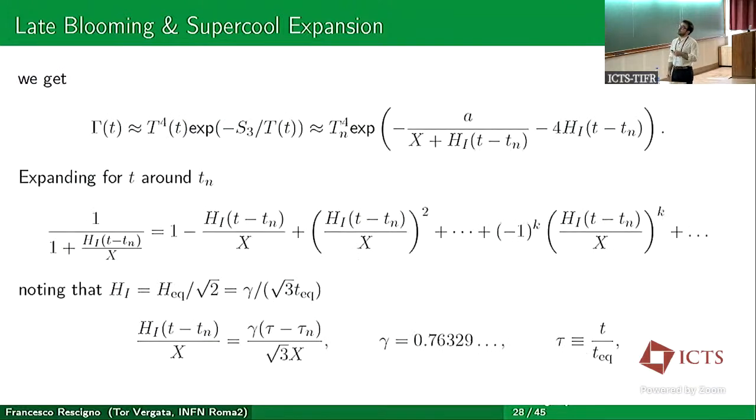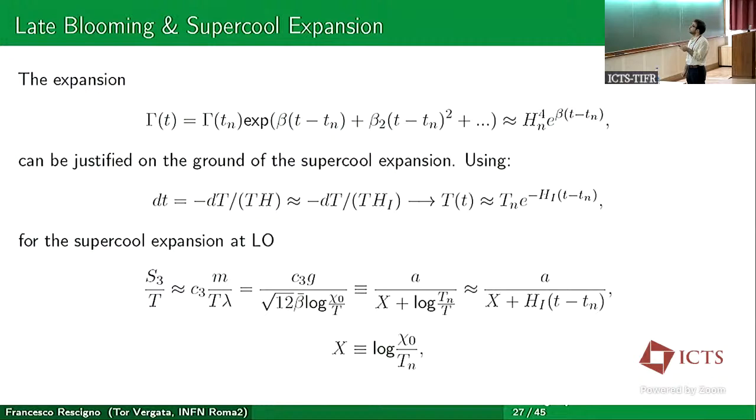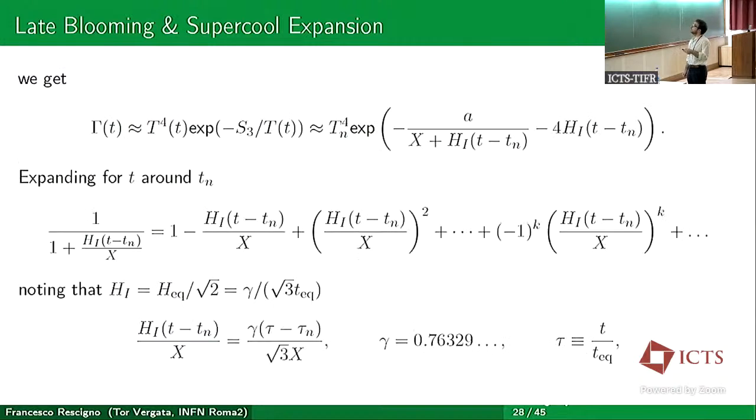Now we can just plug everything into the vacuum decay rate and expand this fraction for T around Tn, obtaining this expansion here. Now this constant term, this linear order term in T minus Tn, and this other one too, reproduce this expression here, while the other terms, the higher order terms, are small.